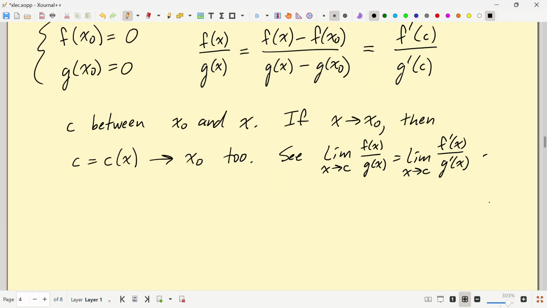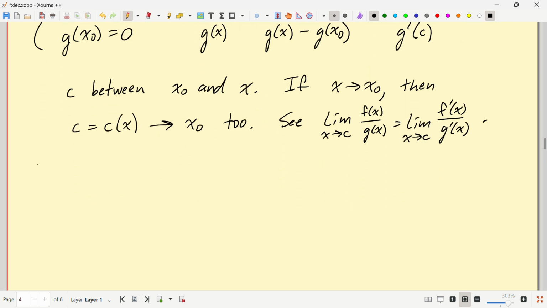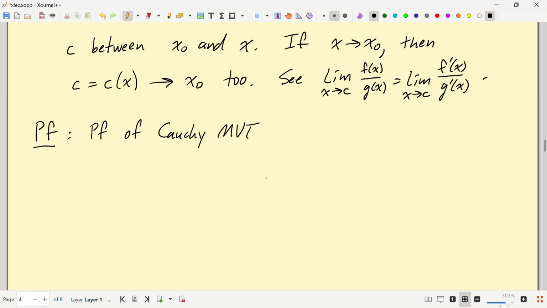Well, the proof of the Cauchy mean value theorem is easy, yet mysterious. So here's the proof of the Cauchy mean value theorem. Pull this function. This symbol, colon equal, means h of x is defined to be.